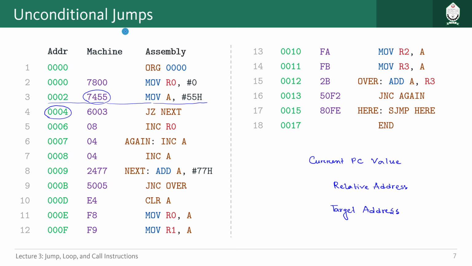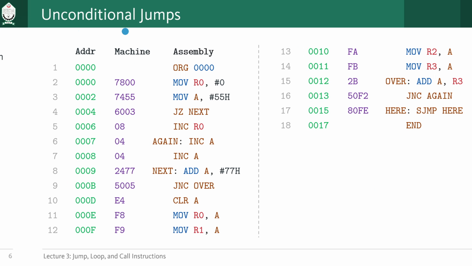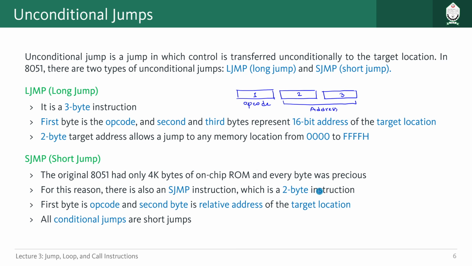Now one thing you have to understand, because we said on the last page, a short jump is a 2 byte instruction: the first byte is the opcode, and in the second byte only 8 bits are dedicated to the relative address.